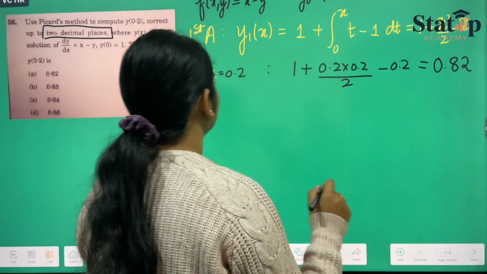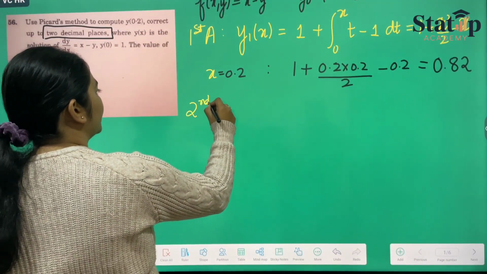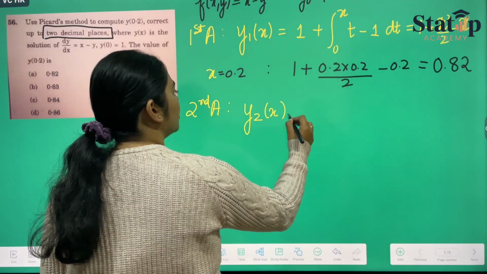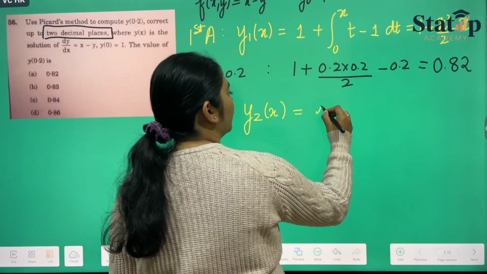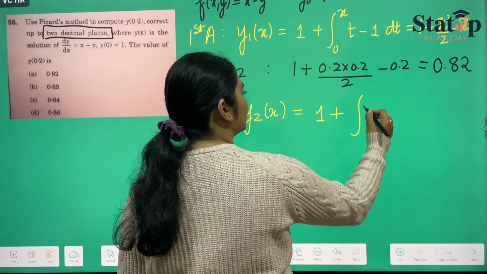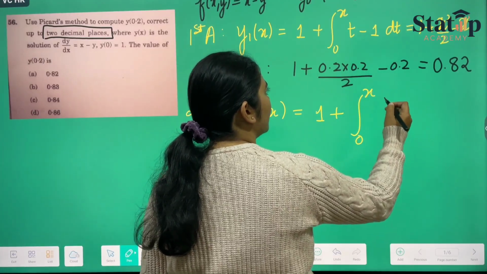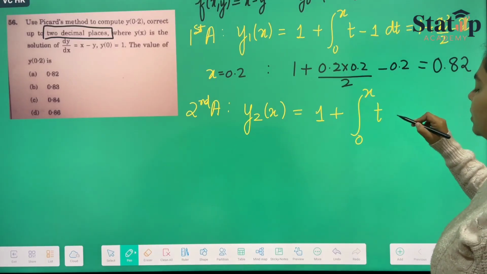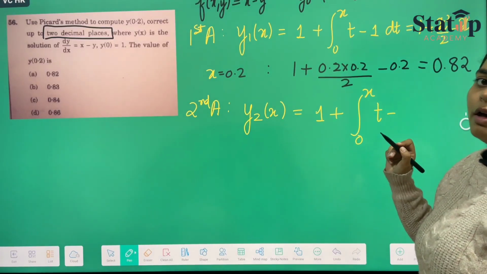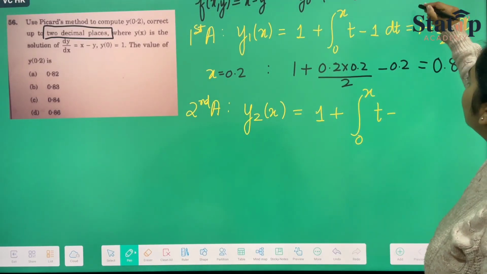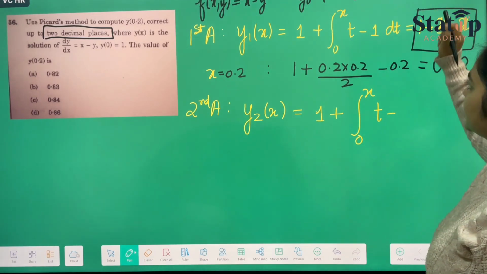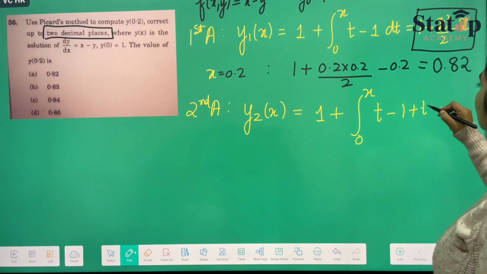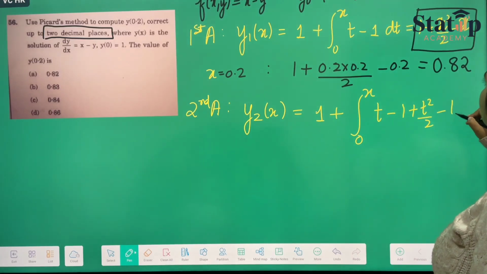Let us calculate the second approximation in this method only. In second approximation, y2(x) should be given as y naught, which is 1, plus integration from 0 to x of x minus y. x can be replaced by t and y is replaced by y1(t). y1(x) has been calculated here, so I'll put this value: 1 plus t square by 2 minus t.